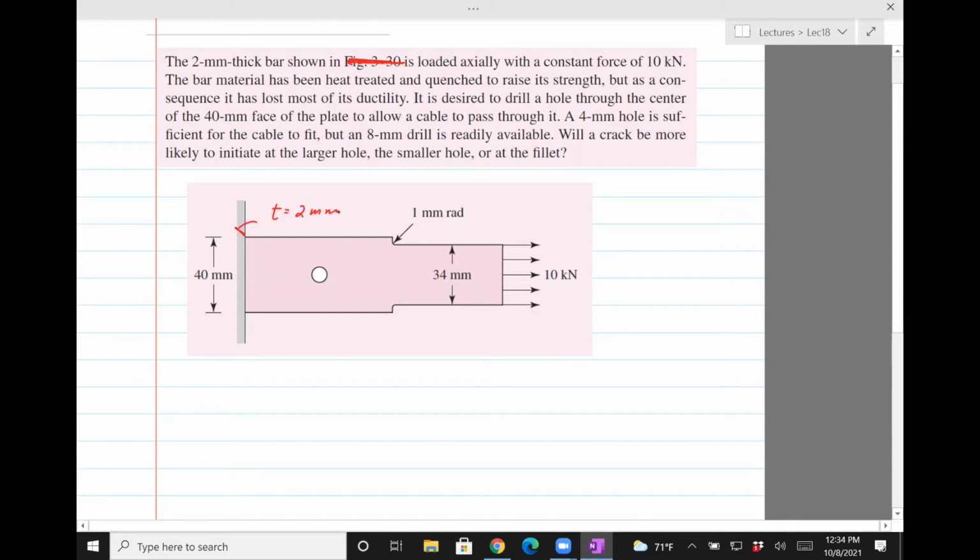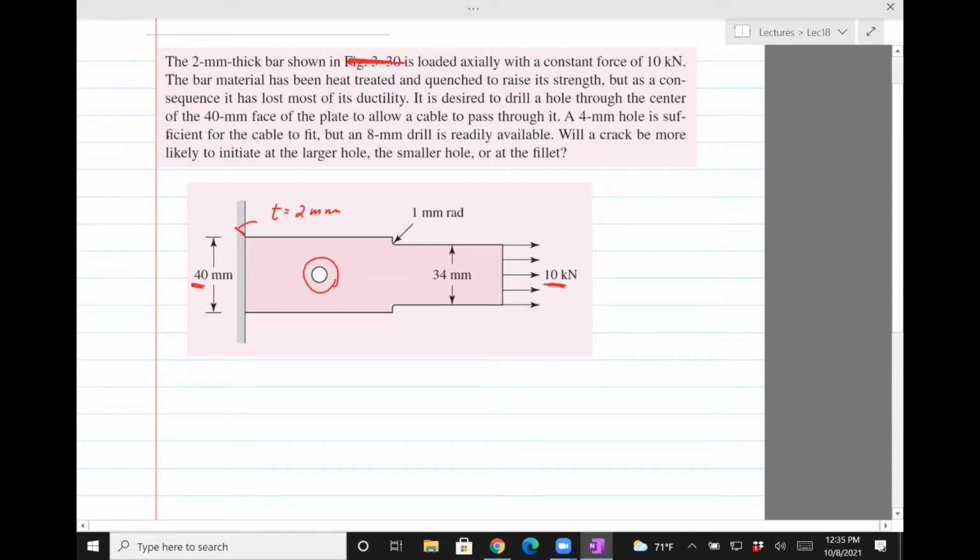You don't see it in this 2D view. It is loaded with a constant force of 10 kilonewtons as shown. The bar material has been heat treated and quenched to raise its strength, but as a consequence, it has lost most of its ductility. It is desired to drill a hole through the center of the 40 mm face. This is the 40 mm face, that's the hole.